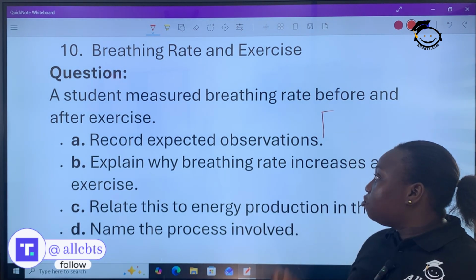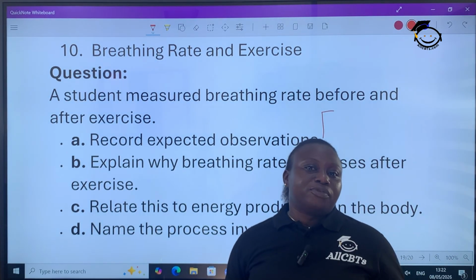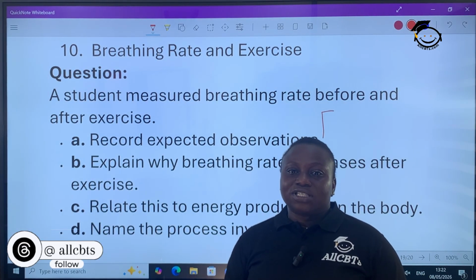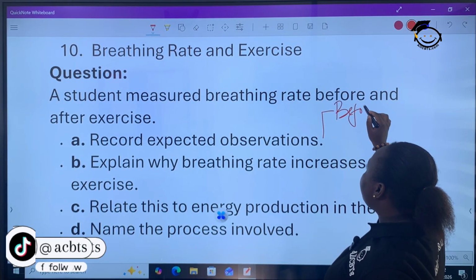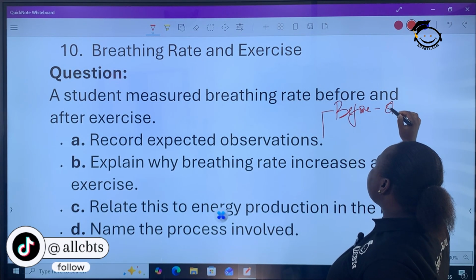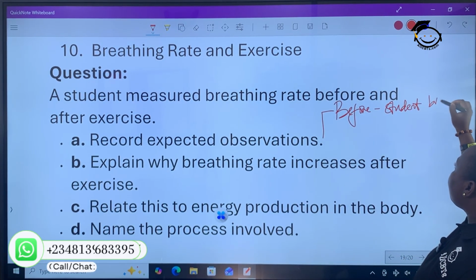That means you have to talk about before the activity happened, and after the activity happened. So you can say before the activity or before the exercise, the student's breathing rate was normal.